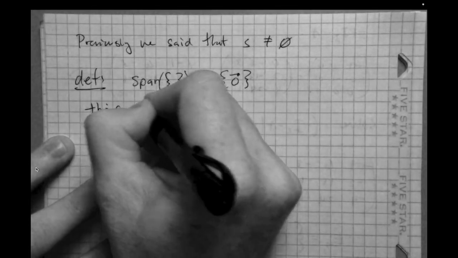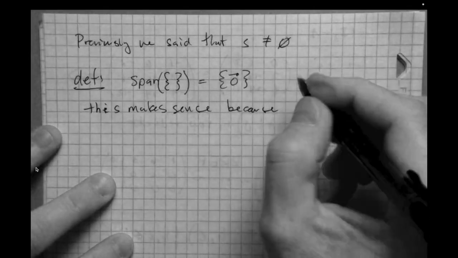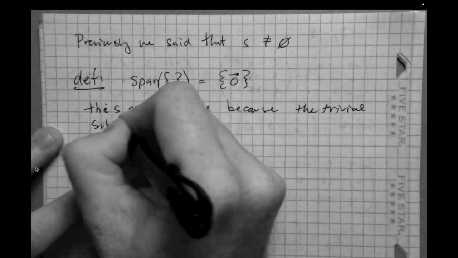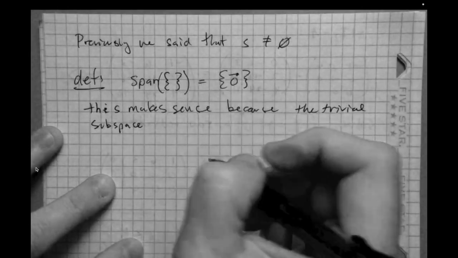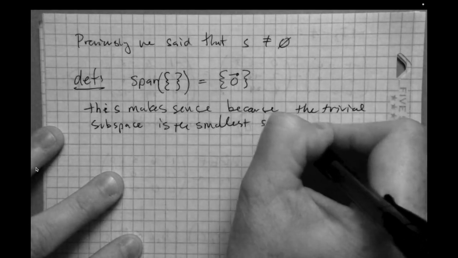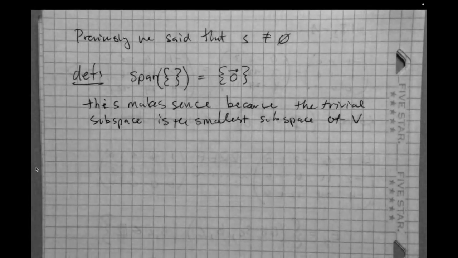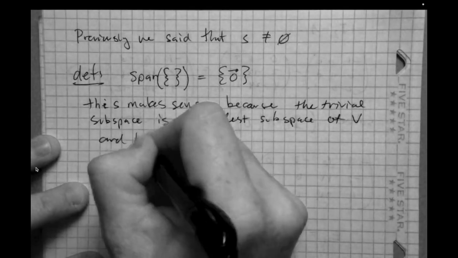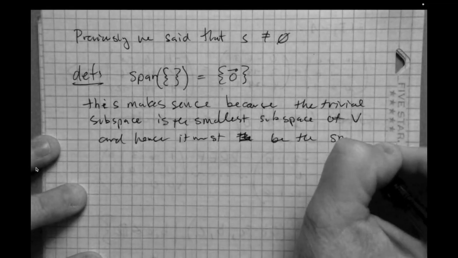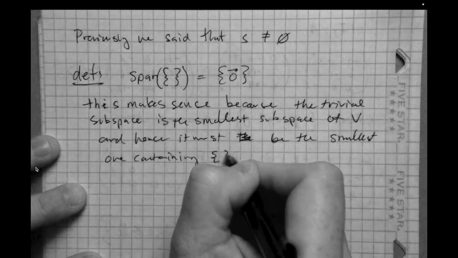This makes sense because the trivial subspace is the smallest subspace of the vector space V, and hence it must be the smallest one containing the empty set.